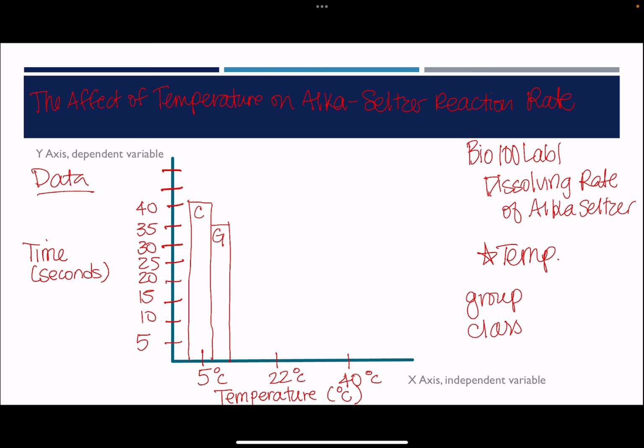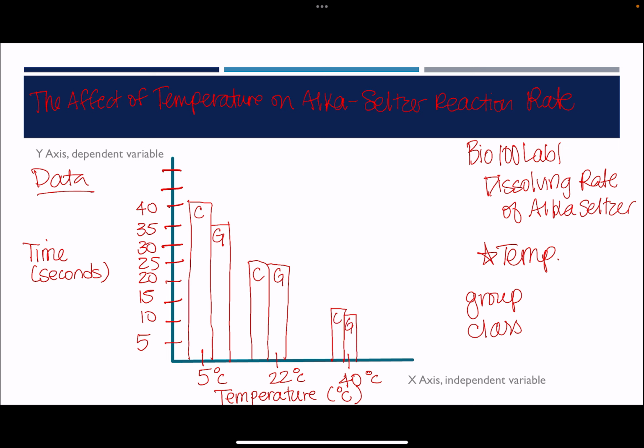But then we might have 22 degrees Celsius, and maybe we got for this one that our class data was 25 and our group data was also 25. And then for 40, maybe we got class data that was about 15 and group data that was 14.